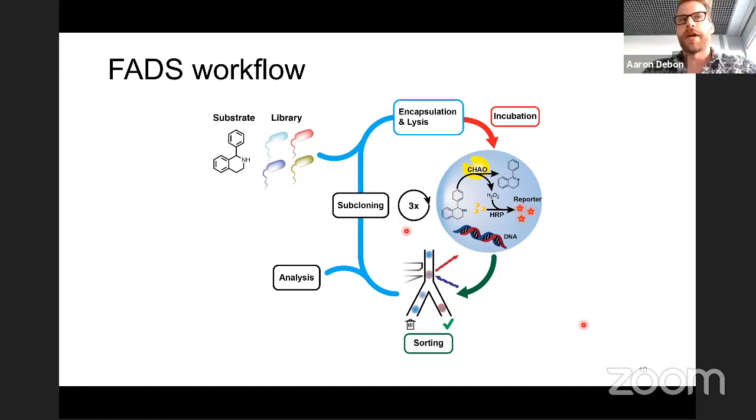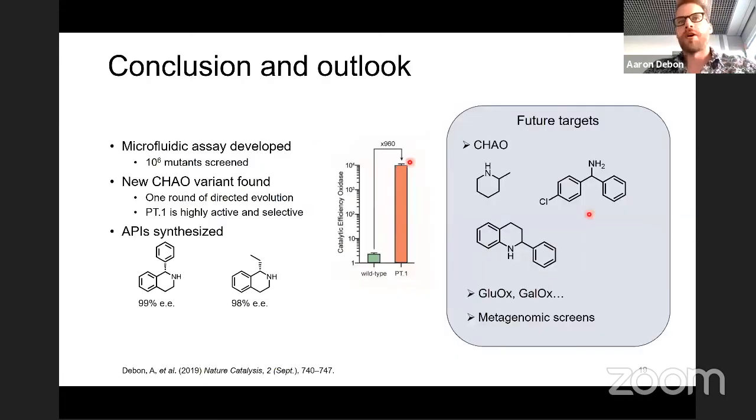And you could put any substrate here that you were interested in. That's what we also did with the substrates that I showed you earlier. We already have activity with our variant here, but unselective, and we've seen activity in the droplet sorting system for other substrates as well.